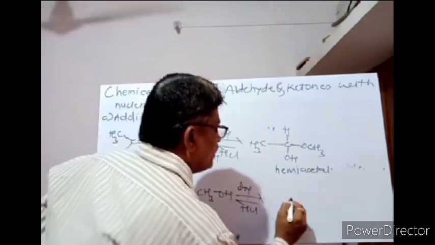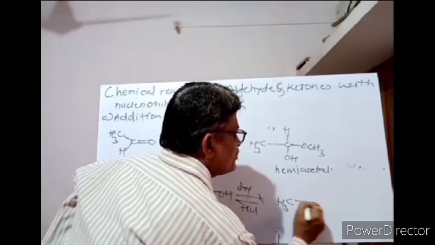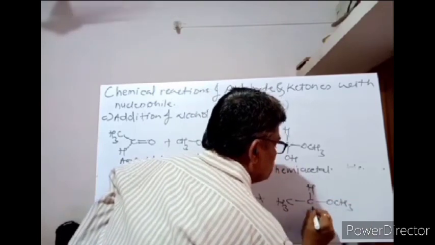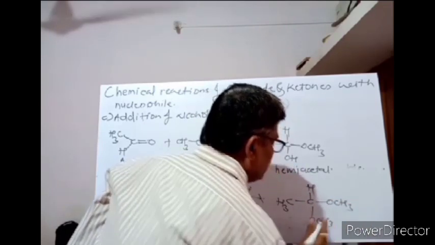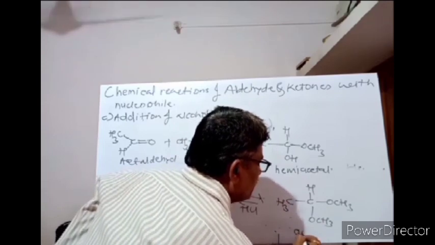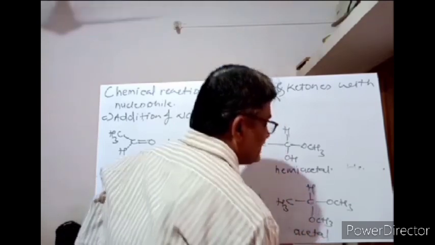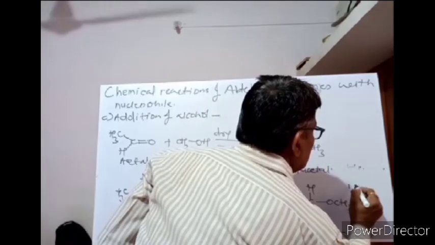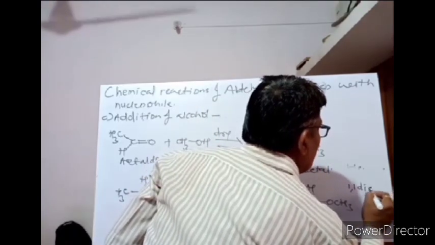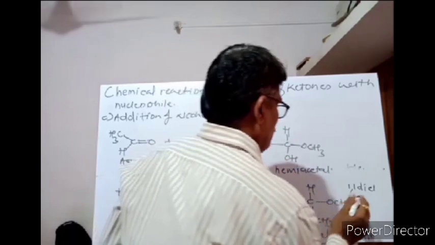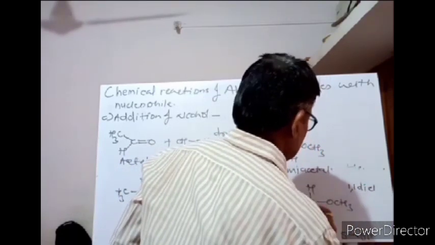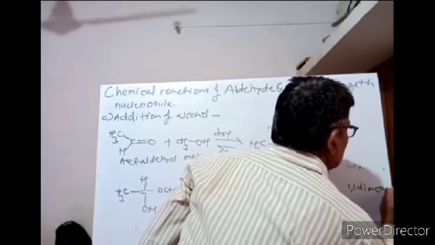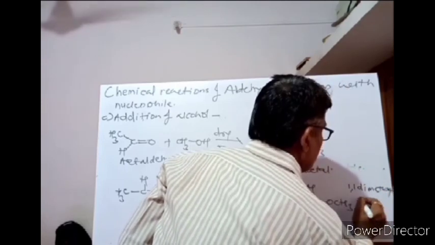It gives us CH3CH(OCH3)(OCH3). It is called an acetal, which is a stable 1,1-dimethoxyethane.